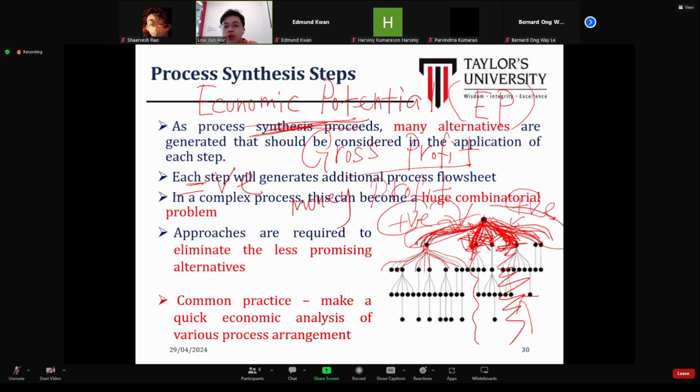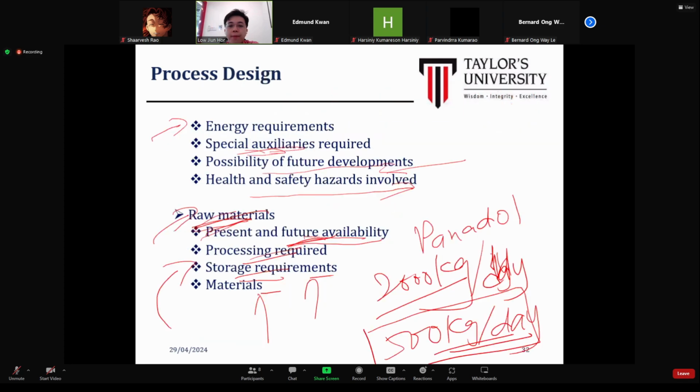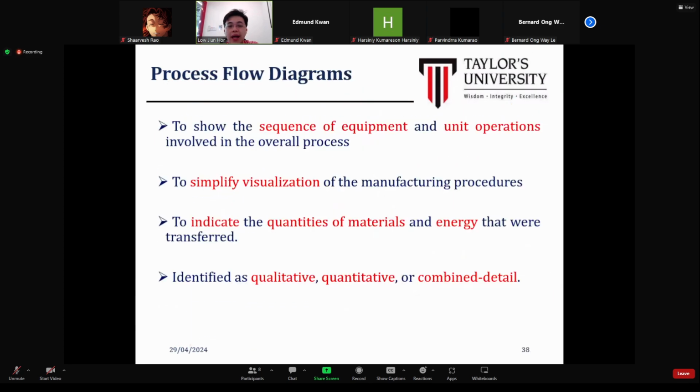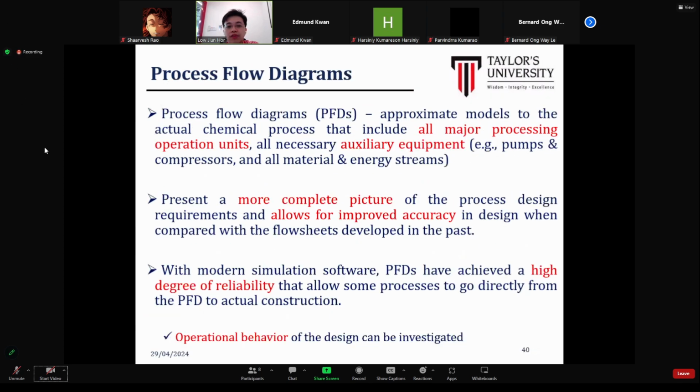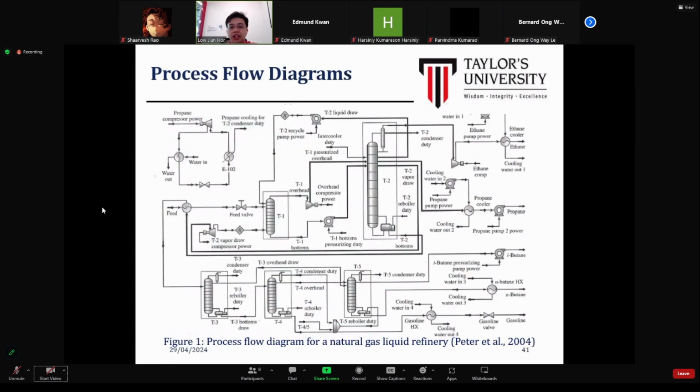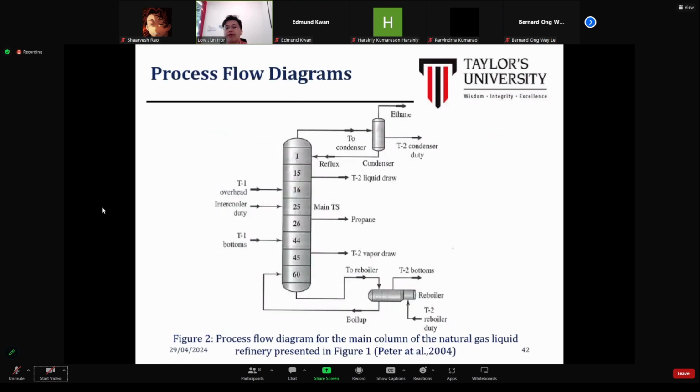Once we have identified the best technology, we proceed to prepare the process flow diagram. What is a process flow diagram? This is what we call a process flow diagram.